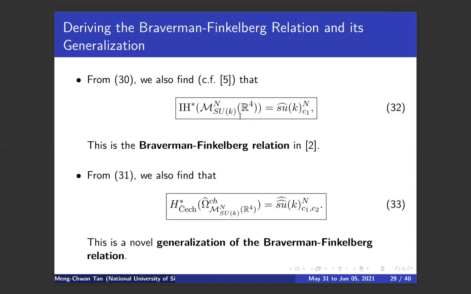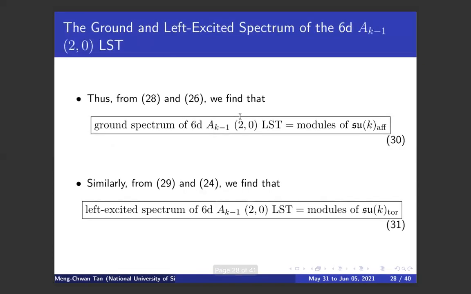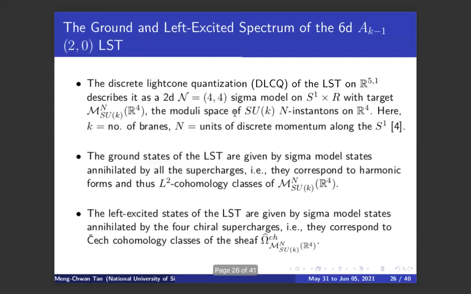So the degree of the form is given by the R charge of the operator in the sigma model. I'm asking how do you understand this Brzezinski constant filtration on the right hand side?